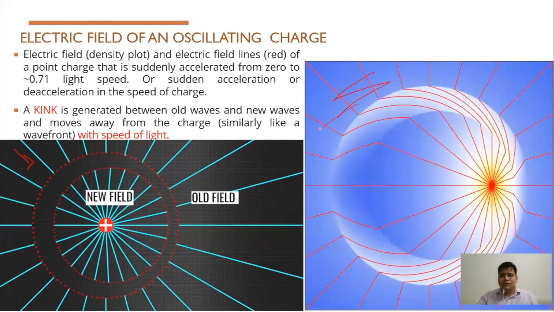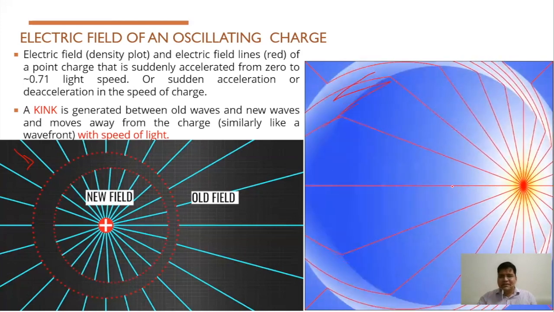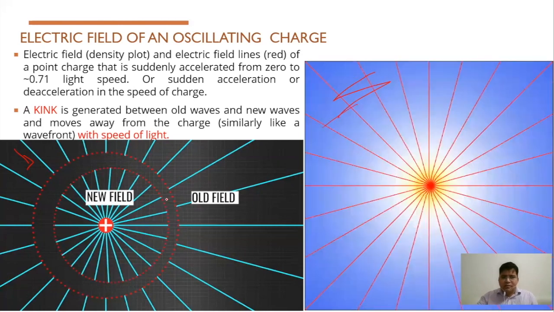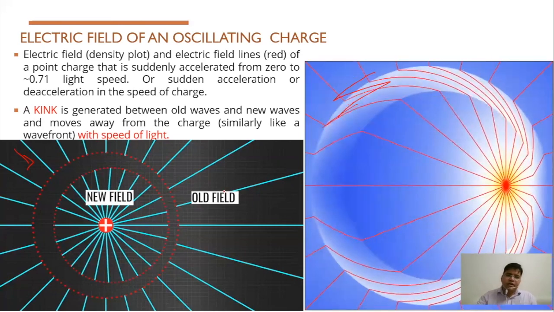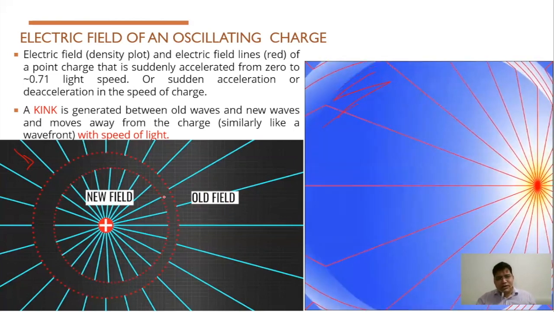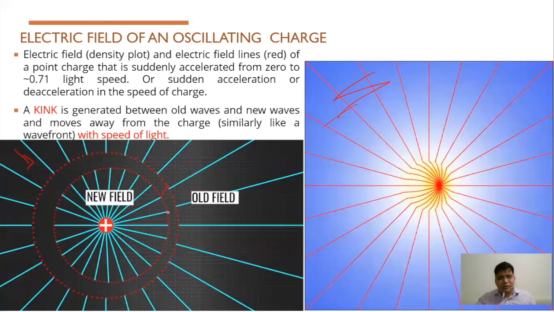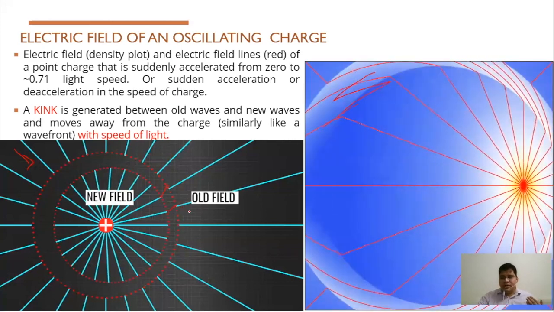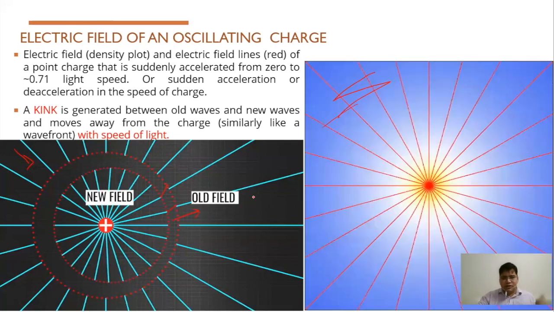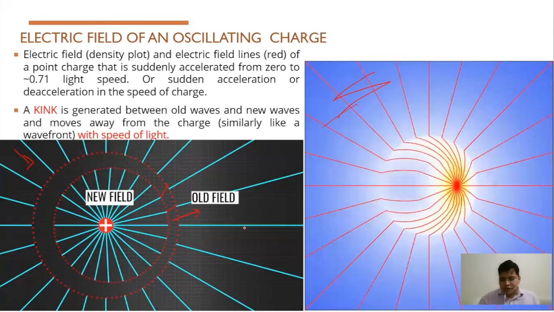You can see here these are the old field lines, and when the charge starts to move, new field lines are generated, and there is a kink, a difference between the new field and the old field. This kink is really responsible for the generation of the electromagnetic field, and this kink moves in the space, in the medium, and this is the reason for the generation of the electromagnetic field.